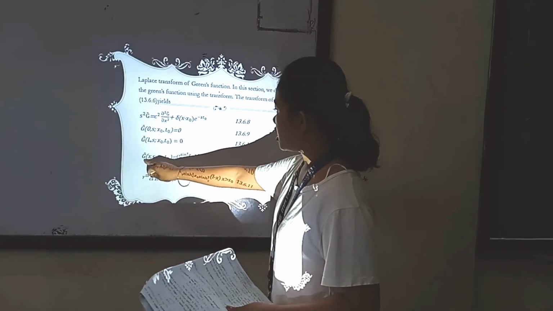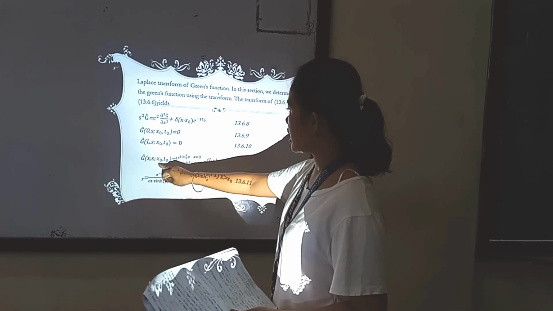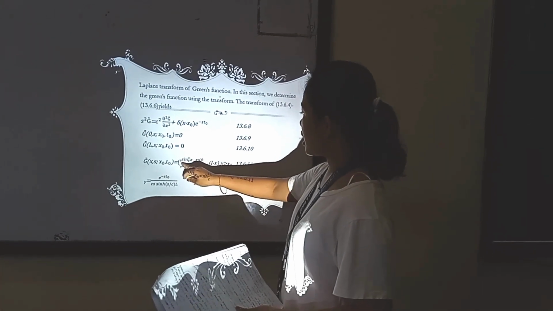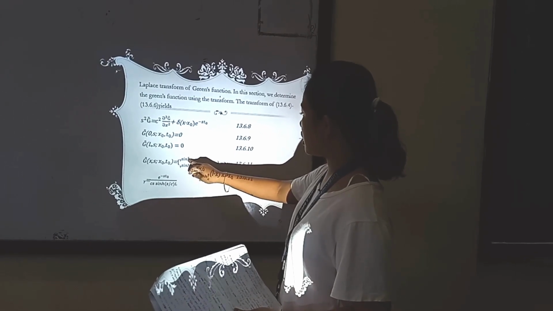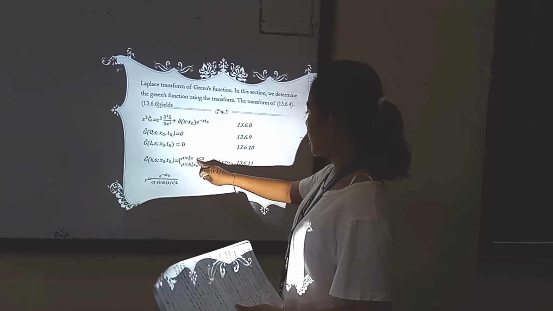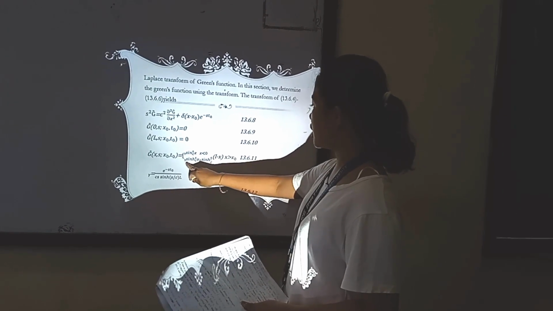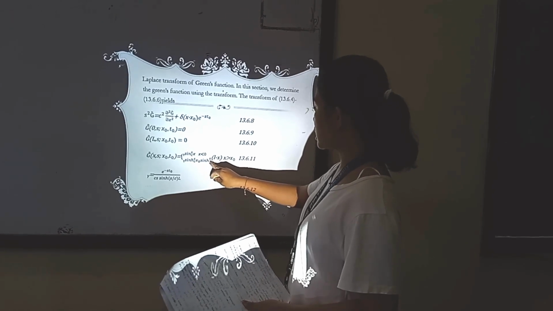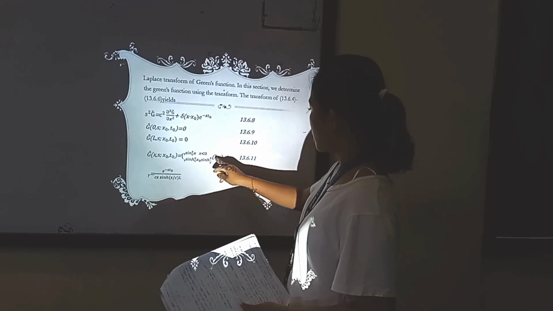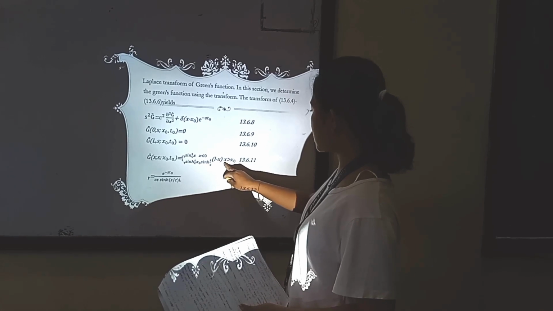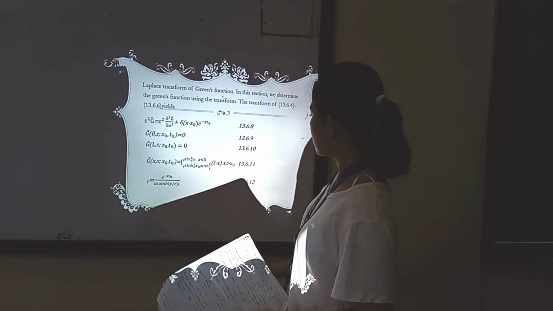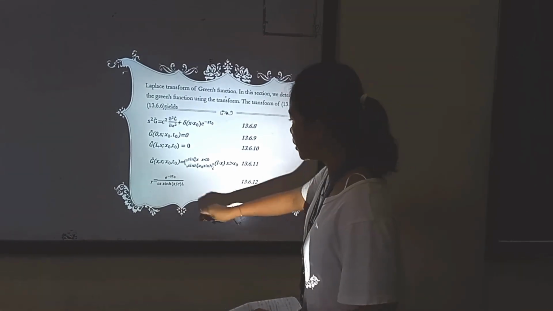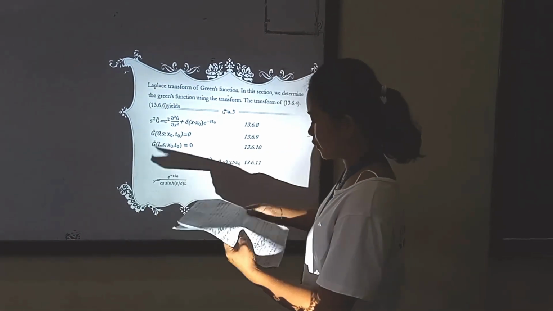Then we have G bar of x, s; x naught, t naught equals gamma sinh of s over c x for x less than x naught. Then we have gamma sinh of s over c x naught times sinh of s over c times l minus x for x greater than x naught. So this is 13.6.11.